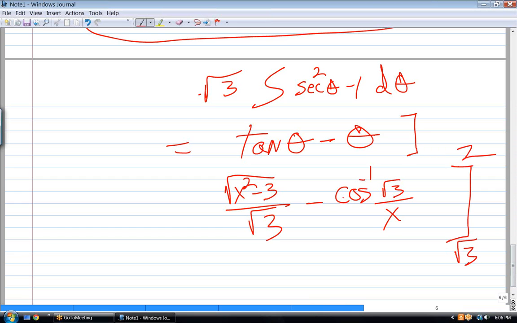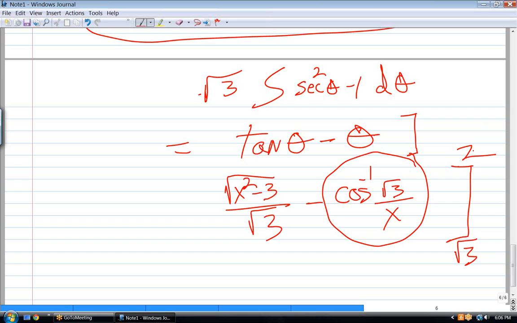Even though this is a trig function, it's not really, not for our purposes here. I can actually evaluate this as a number. I have converted it back to polynomials now, despite the fact that there's an inverse cosine in there.